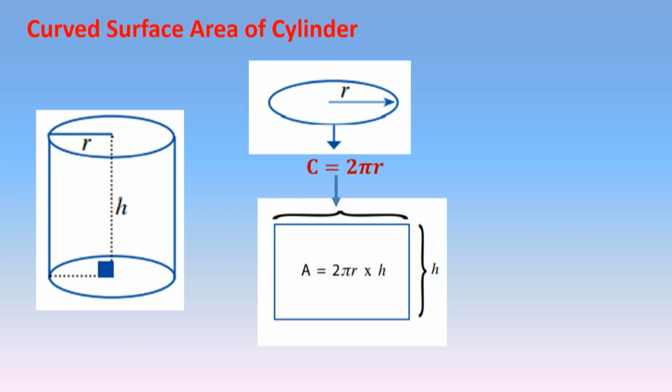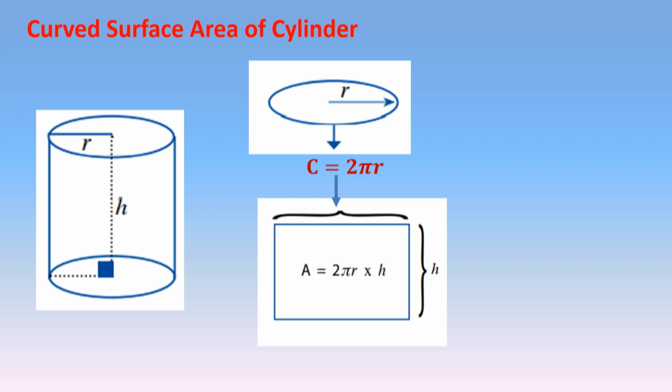So the circumference is 2 pi r. This means that the length of the rectangle will be 2 pi r. Now the axis of the cylinder is vertical, the height is h, and this height will be in fact the width of my rectangle. So the width of the rectangle is h.